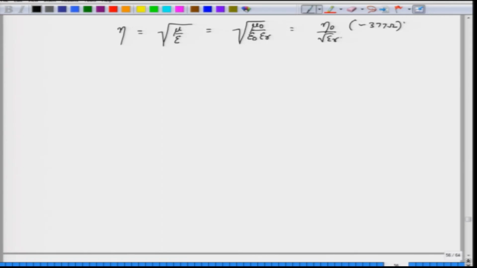If epsilon r is a real medium, then square root of epsilon r will be equal to the refractive index. However, to confuse you, we use the letter n to denote refractive index. Unfortunately, n and eta have to be distinguished.